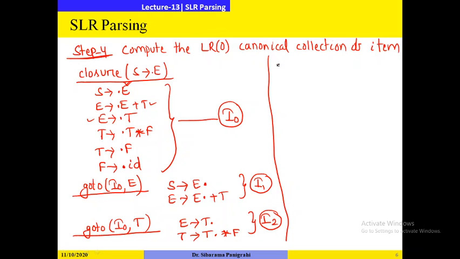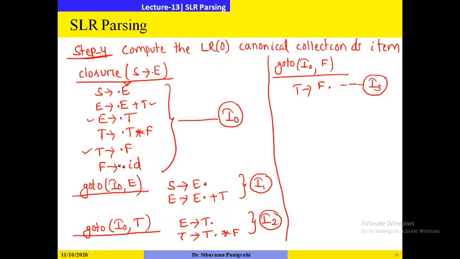Next, go to I0, comma. What other symbols we can jump? We can jump the F. Okay. So go to I0, comma F. So what we will get? We will get T gives to F dot. So this is called as I3. Now what other symbols we can jump?